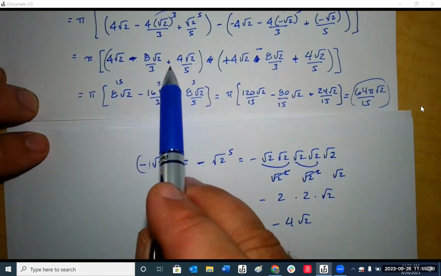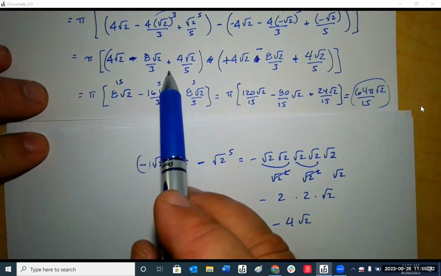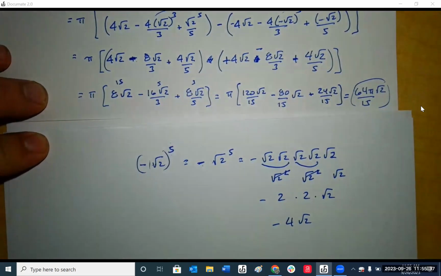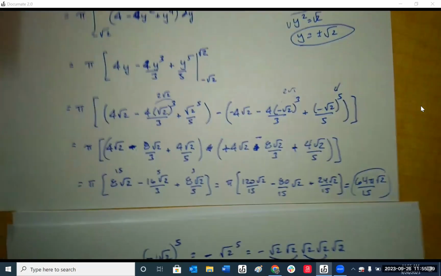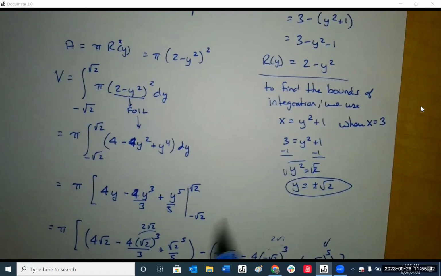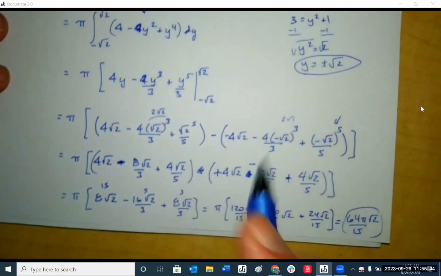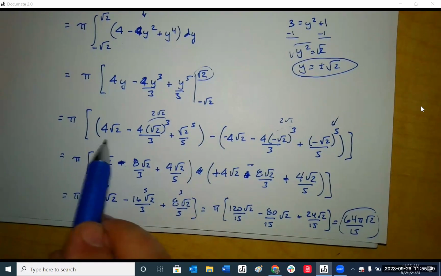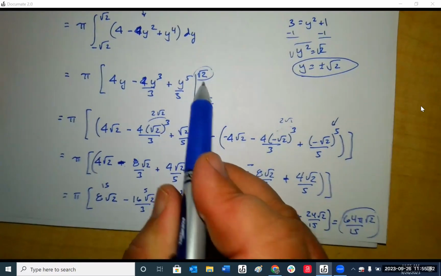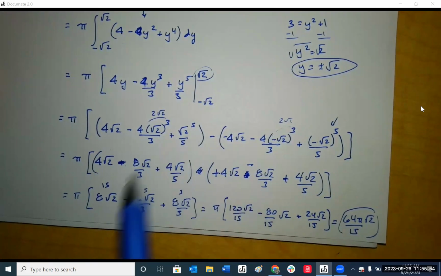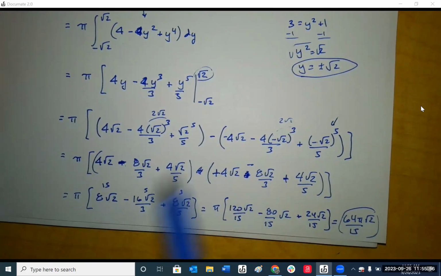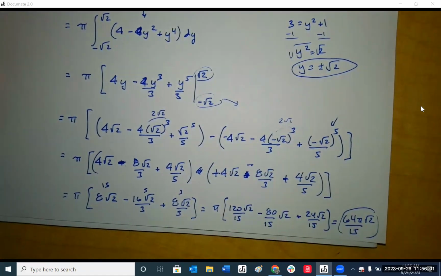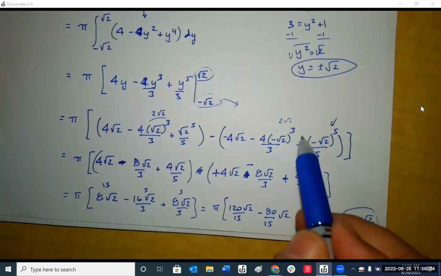It was positive, because on the left-hand side we took the positive radical 2. So all of these are with respect to radical 2. And since the sign's already positive, it stays positive. On this side, I use this one. So it's this one minus that one.